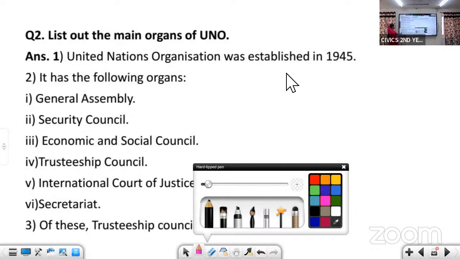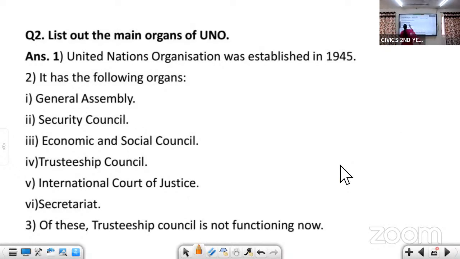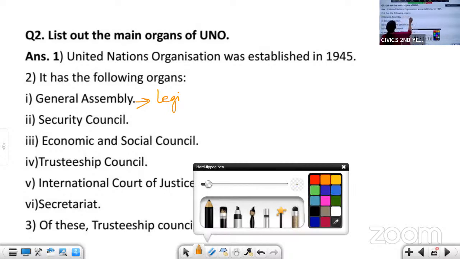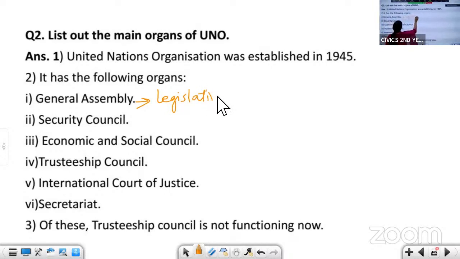The first one is the General Assembly. It is the legislative organ.